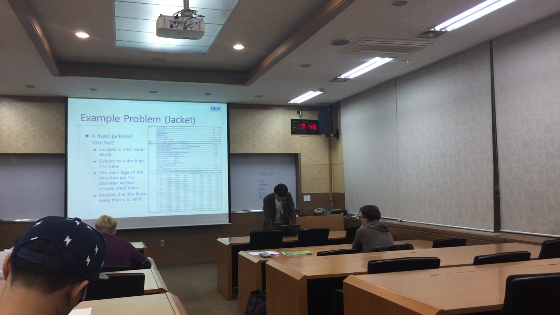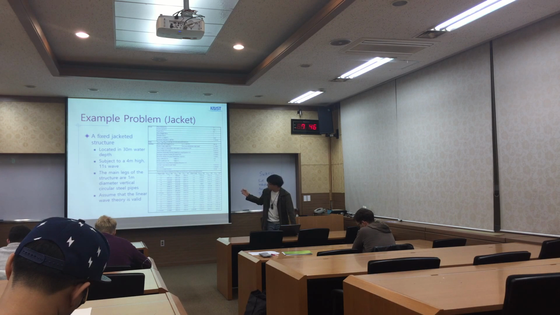So here's an example problem: an example of a jacket structure. Dimensions are given and you can utilize them to solve the problem. So the depth, wave height and period.